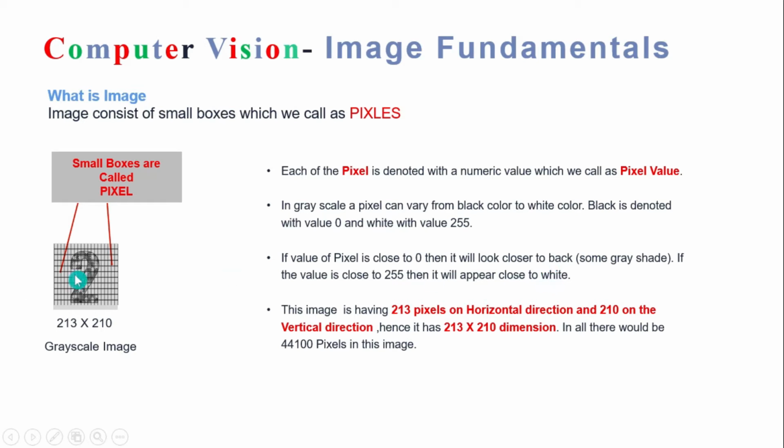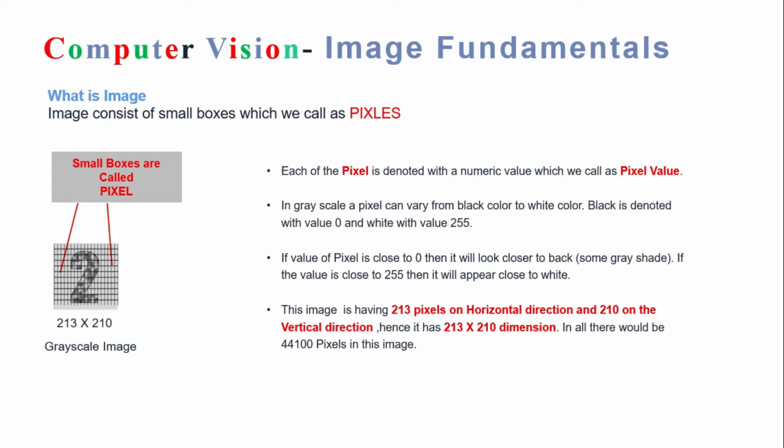If you observe the topmost left corner, this box appears to be white. So the value of this pixel should be somewhere closer to 255, which we will examine in the next set of slides. For now, understand that this is a 213 by 210 pixel image.